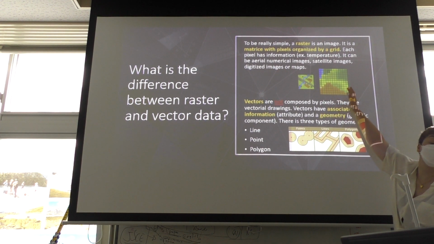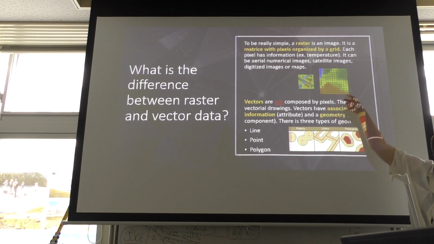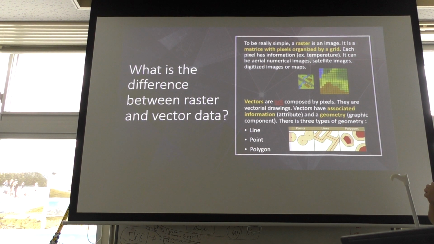For example, it can be temperature for each cell, each pixel. So it can be from aerial images, satellite images, digital maps. And I will show you how to download Google Earth on QGIS to work on.